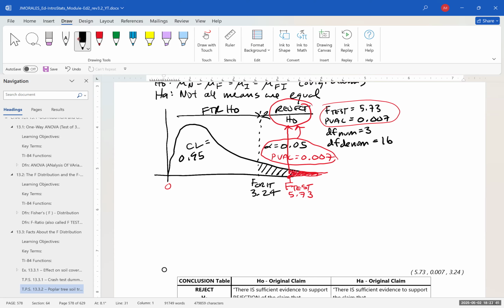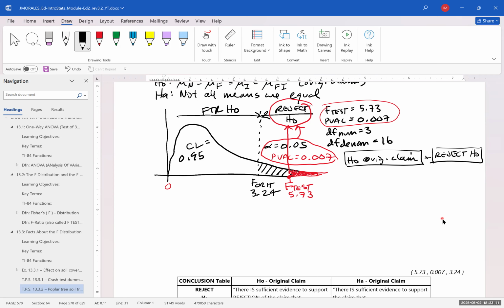So now we just have to write our conclusion. The null hypothesis was our original claim, and we're going to reject the null. Let me see if I can scroll down a notch or two.